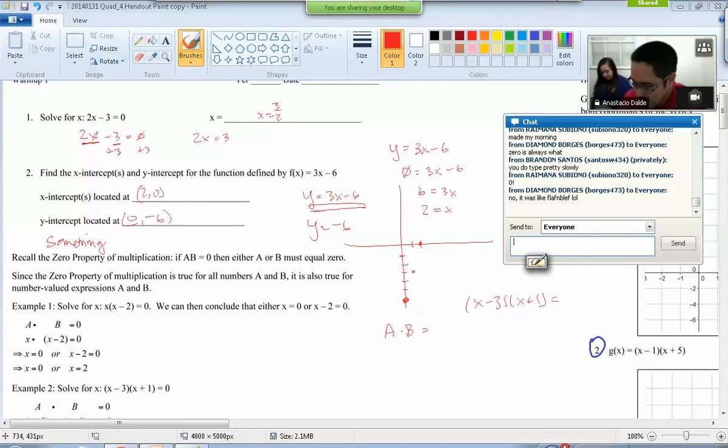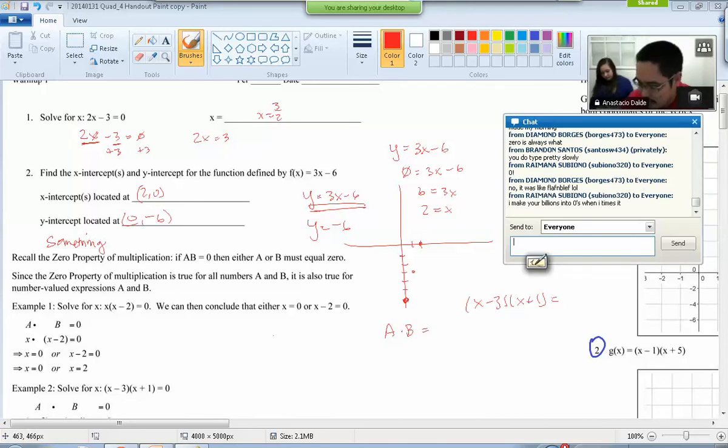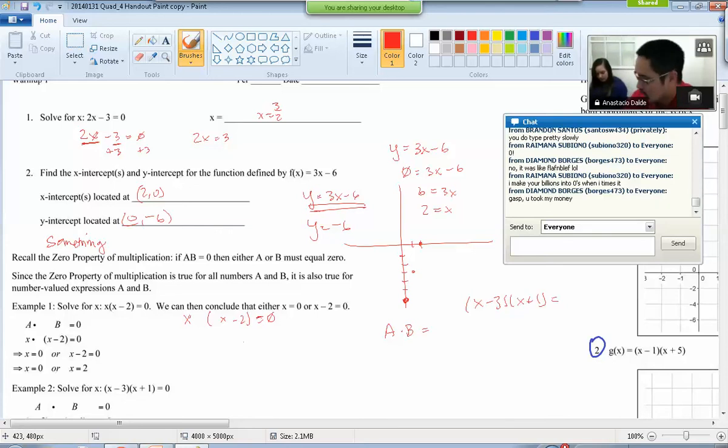If I have something like x times x minus 2 equals 0, I'm going to look at this as two parts.